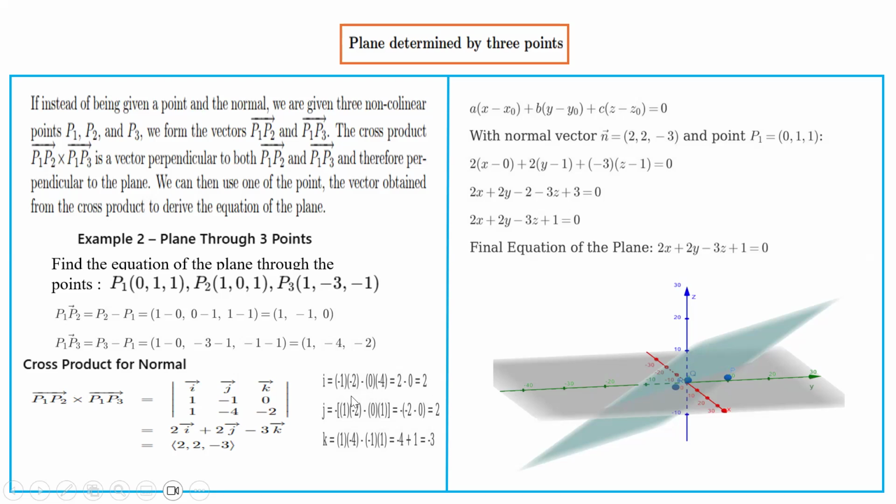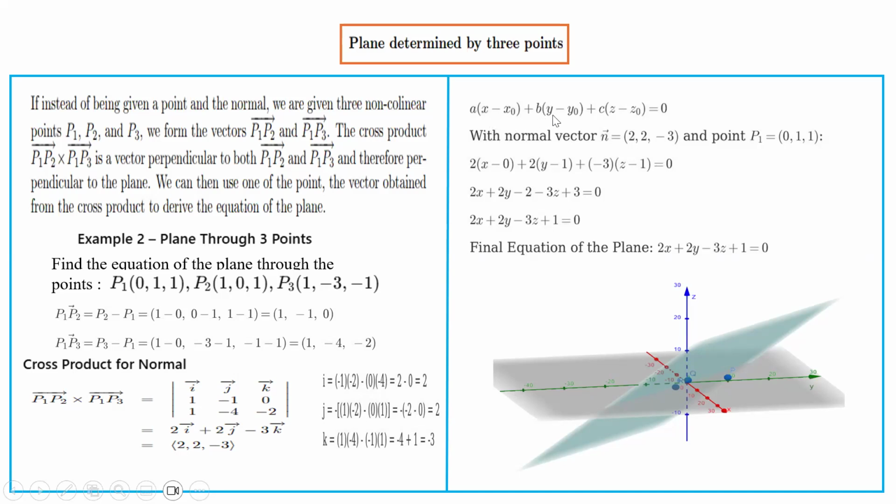So we'll have 2i plus, for j, 1 times -2 minus 0 times 1, which would be -2 minus 0, which would be equal to 2. And then for k, we do the same thing at the bottom here. As was said earlier, we use the values alone. So we have 2, 2, and -3, and that would give us the vector n.